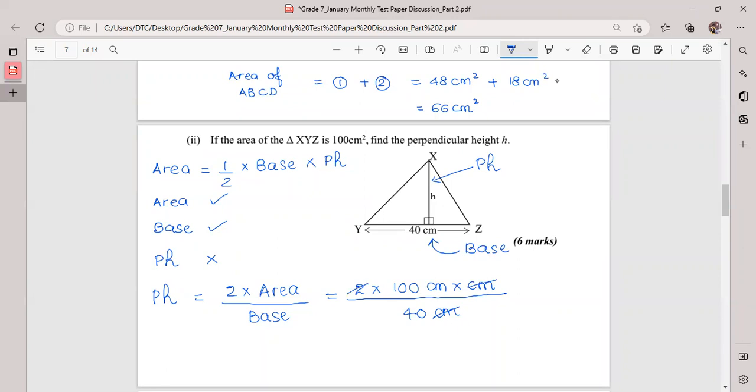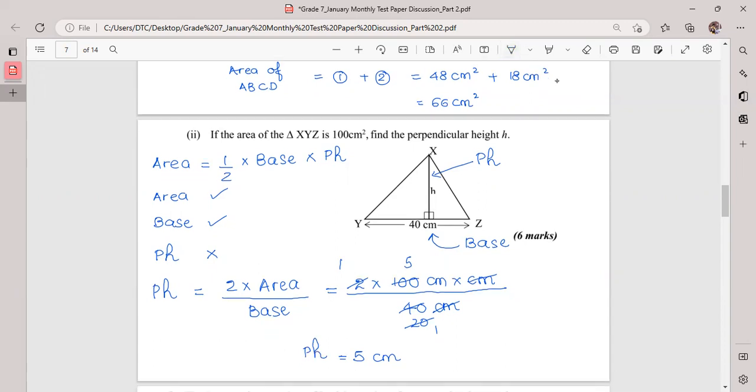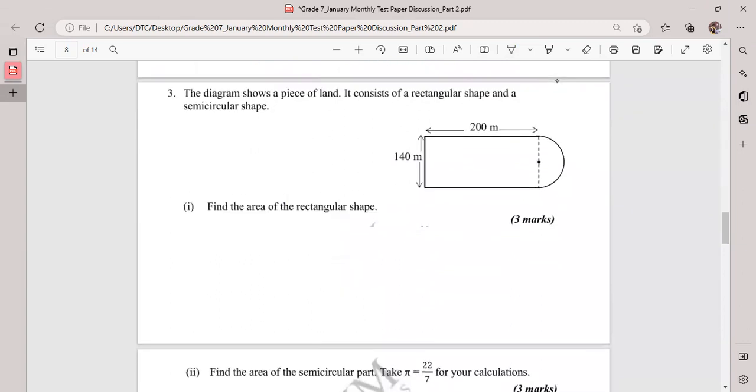So then 2 times 1 and 2 times 20. 20 times 1 and 20 times 5. So then what will be your answer? 5 centimeters. Right? So then the 5 centimeter will be the base value. Sorry, the perpendicular height value. Then the perpendicular height will be 5 centimeters. That is done. Right. So then we'll move to question number 3.